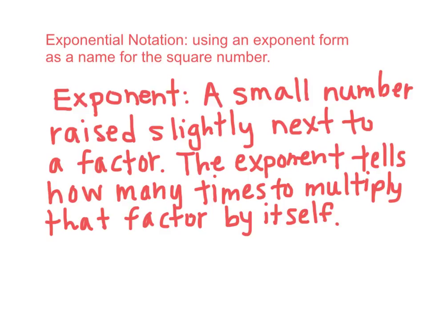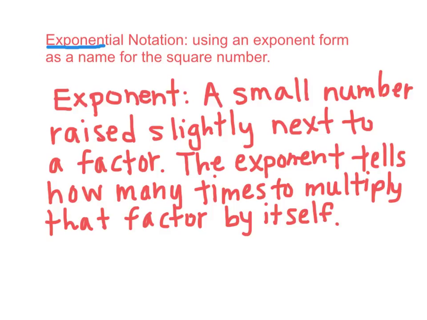Okay, are you ready to shift gears a little bit? We're still talking about square numbers, but now we're talking about how to write them or show them in numerical form. So we're going to talk about something called exponential notation. Now, you should notice that the word exponent is in there, and if you've had any work with exponents before, that should prompt you as to what exponential notation is, but let's assume that you don't know what that is.